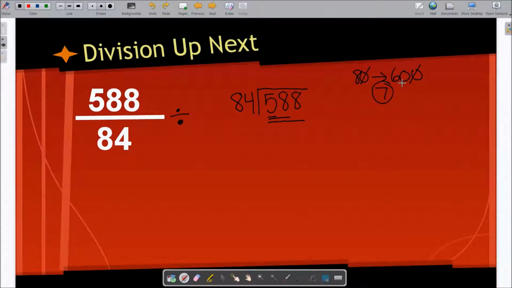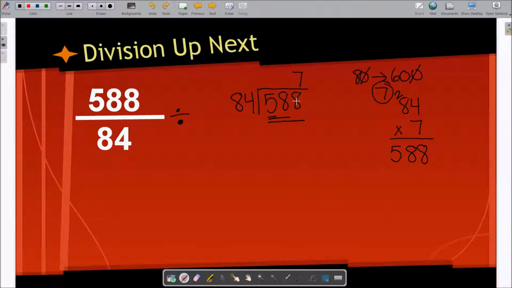That's the closest I can get. So 7 is the number that I want to try times 84 to see how close that's going to get me to 588. 7 times 4 is 28, so I have to carry a 2. 7 times 8 is 56, plus 2 is 58. And look at that, it actually is exactly 588.